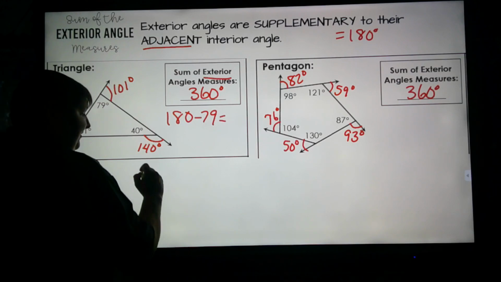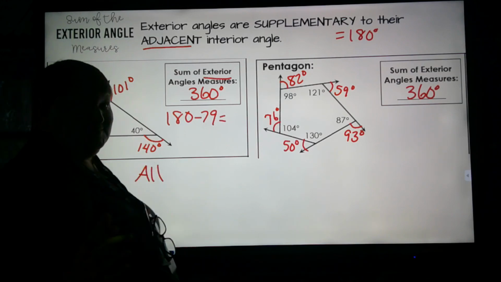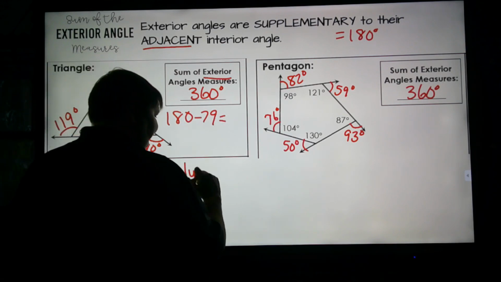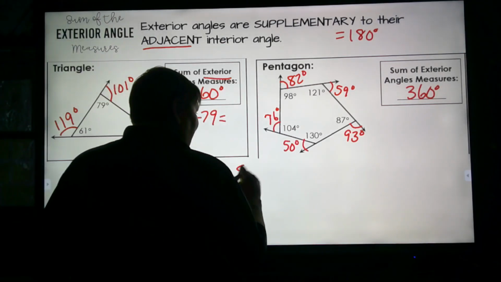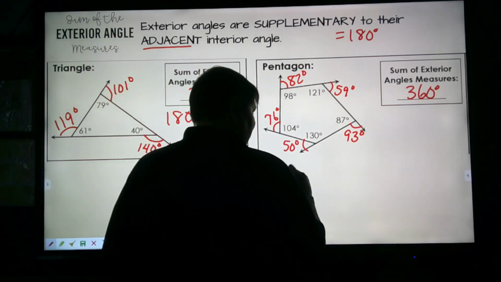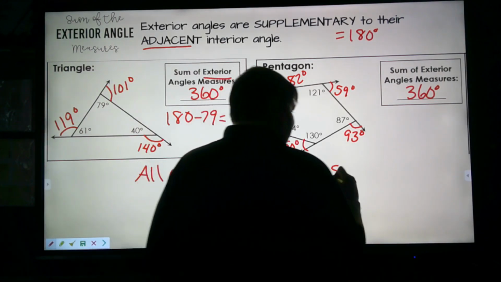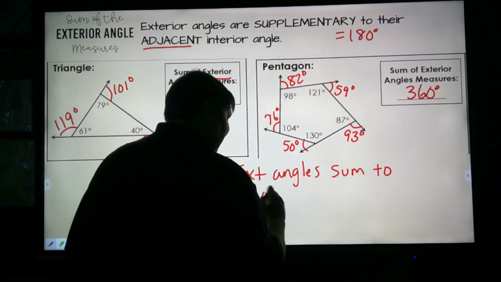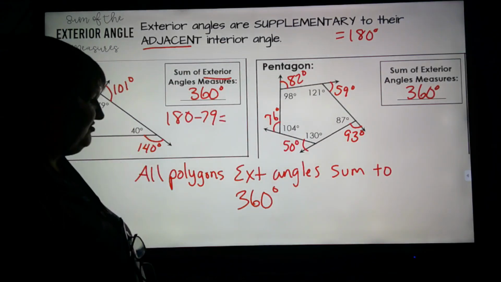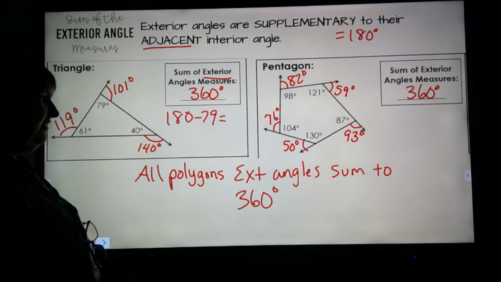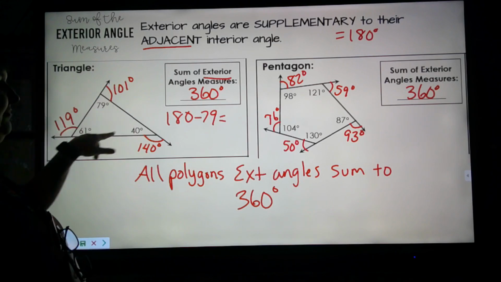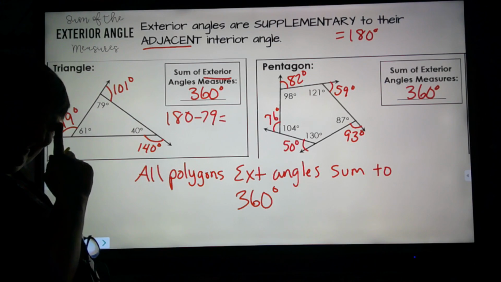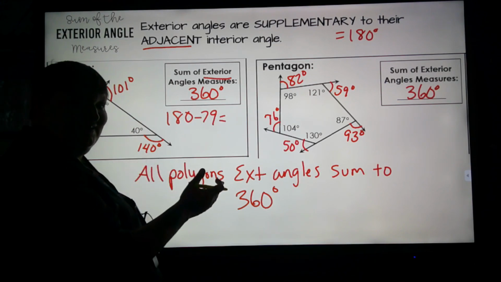I can assume that all polygons, until somebody proves me different, all polygons' exterior angles sum to 360 degrees. That's the rule. Until you prove me wrong, that's the rule. Which means that when you add them up, if you don't get 360, go back and check your math. You did something wrong. It's a way to check your work.